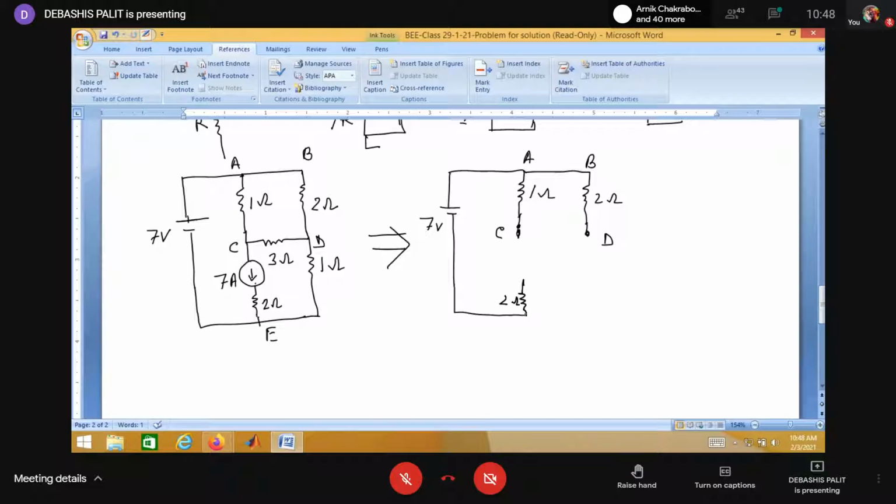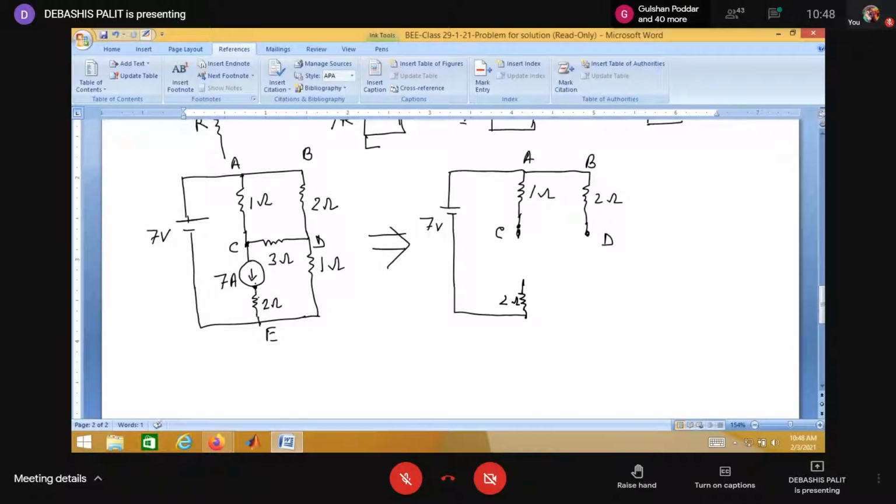Two ohm resistance. So actually, you see from the first circuit that current is going from the C network and it drives towards this point.